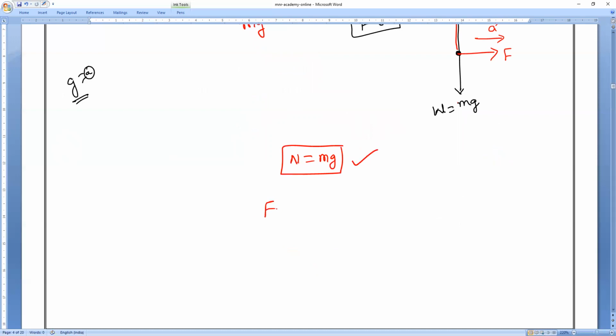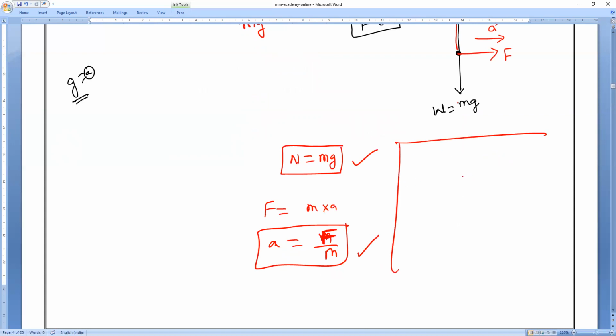Now from Newton's second law, F equals ma. From that, a equals F by m. Am I right or wrong, everybody? Please respond. F by m, that is very, very important. Now acceleration equals F net divided by m. Do you all understand what F net means? F net means the resultant force.